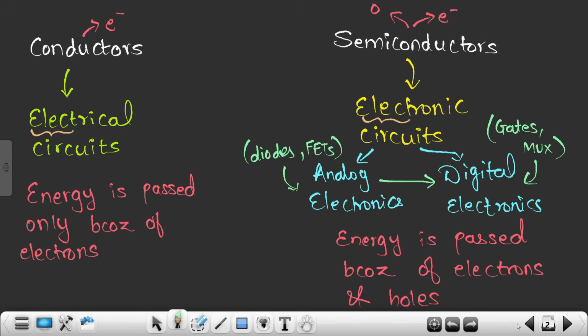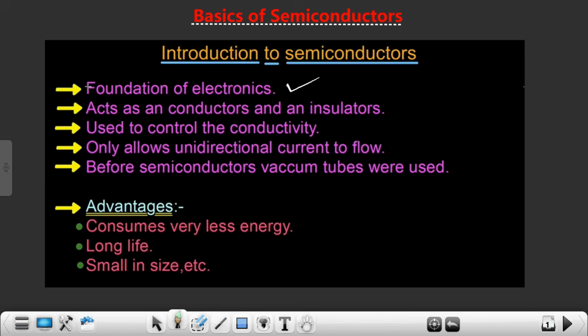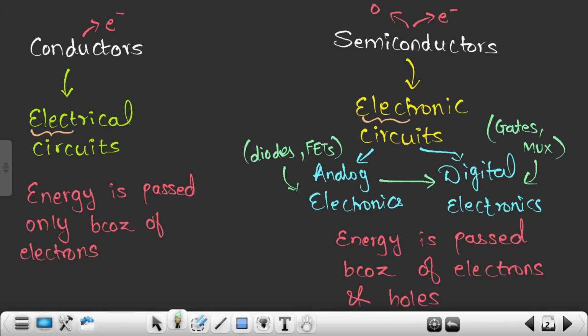I hope this is crystal clear, and that's why the foundation of electronics, whether you go into power electronics, analog electronics, or digital electronics, is nothing but semiconductors. I believe you now have a clear idea about how semiconductors act as a base for any electronic field.